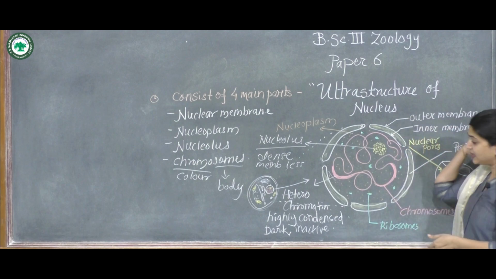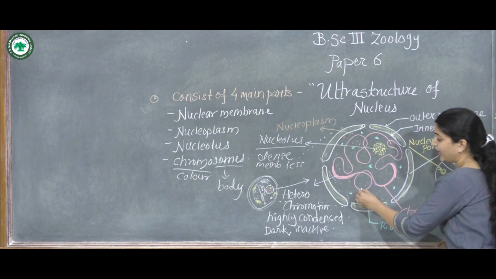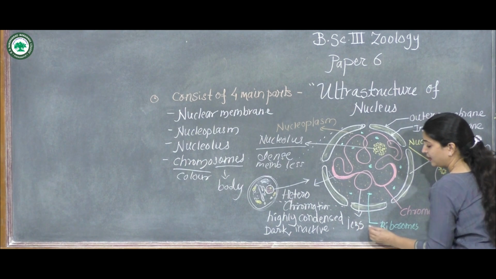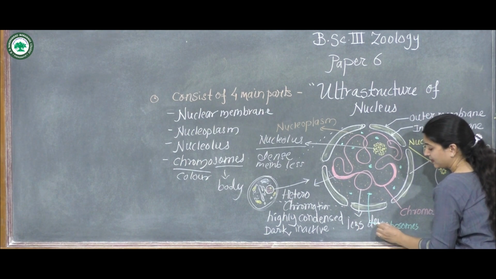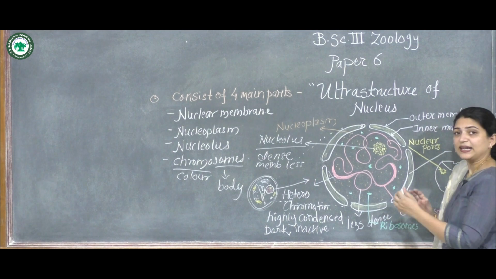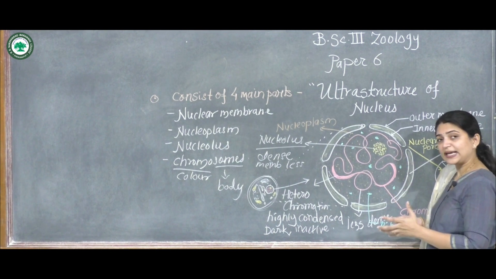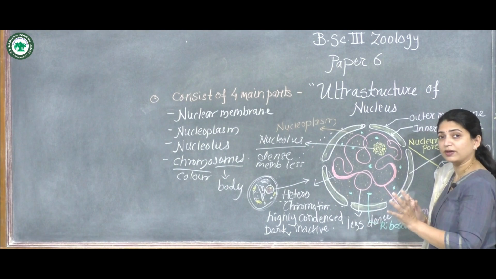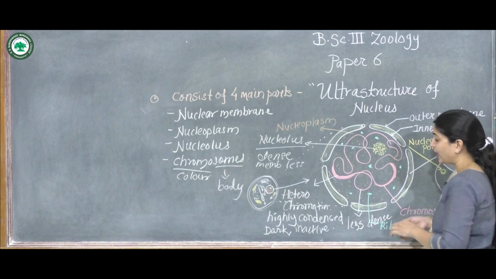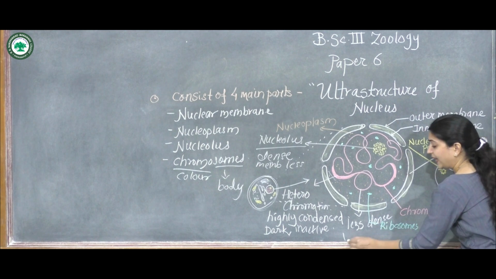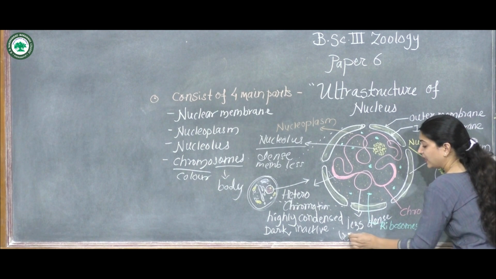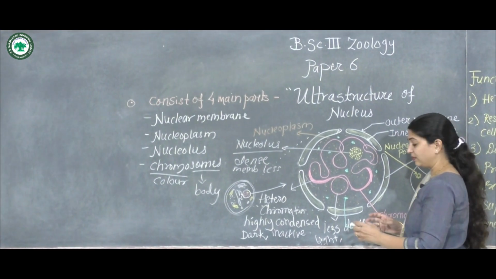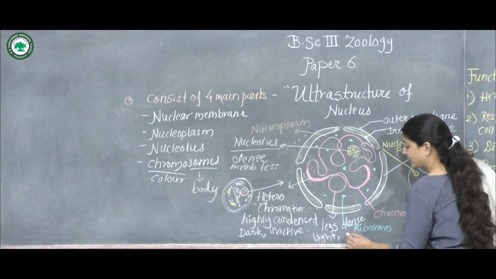Likewise, there is another region which is less dense. When stained, they do not appear as dark as the heterochromatins. They are stained very faint, or we can say light in color, and these are the transcriptionally active bodies.